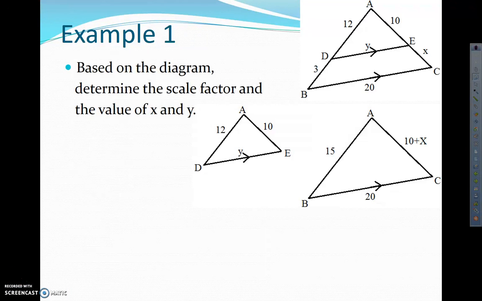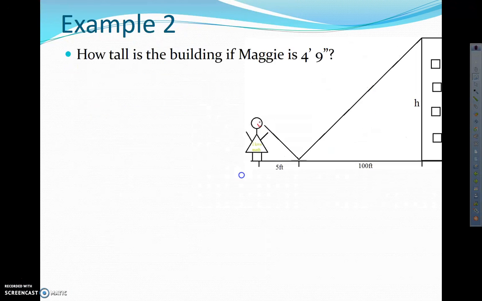Alright, let's come back to our next question. How tall is the building if Maggie is 4 feet 9 inches? In this case, we can assume that these are similar triangles, because the top of her head, when looking at a mirror, will end up lining up at the top of the building.